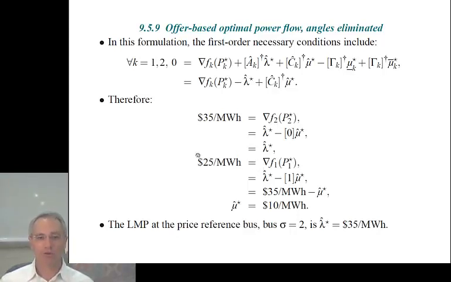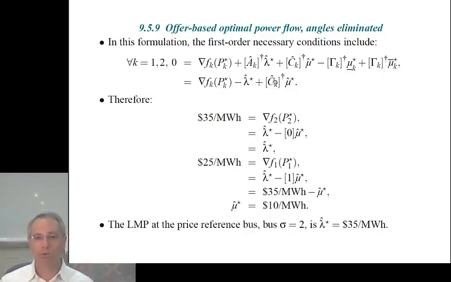Plugging in to the corresponding relationship for bus 1, again we have 0 is equal to marginal cost at bus 1, which is 25, minus lambda hat star, which we just evaluated to be 35, plus C hat K transpose mu hat star. Again, C hat K is the shift factor.